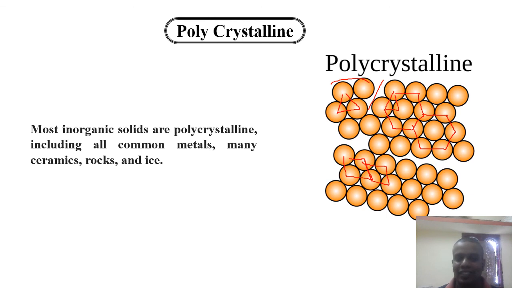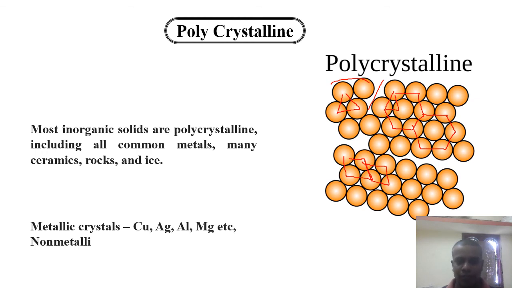Even the normal ice you keep in your fridge, in the freezer, the water H2O ice, is also a good example of a polycrystalline solid. Whether it is single crystalline or polycrystalline, you can also classify it as a metallic or non-metallic crystalline solid. Examples of metallic crystalline solids: copper, gold, aluminium, magnesium.